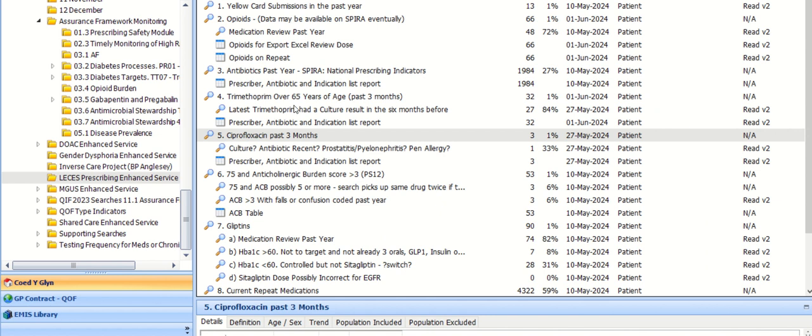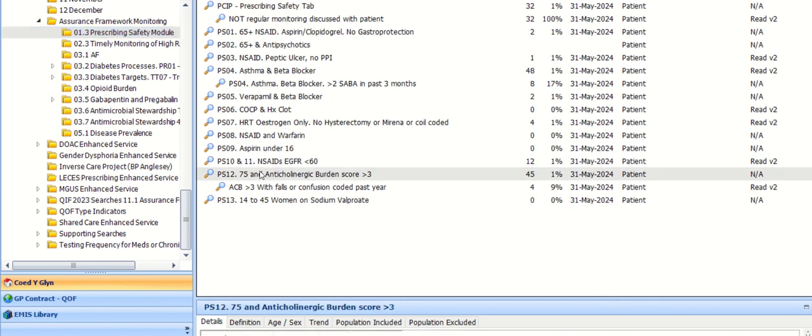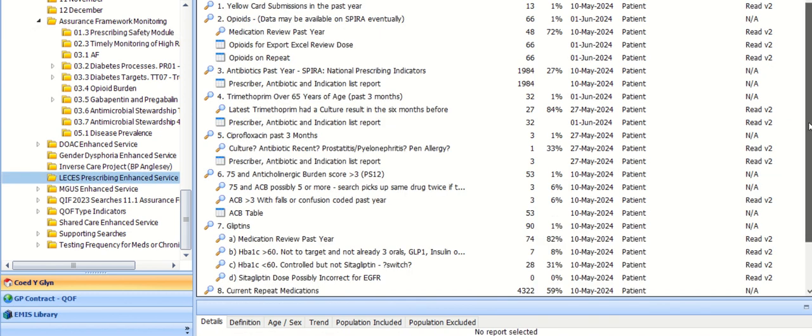I think at this point it's worth pointing out that anticholinergic burden will fall under 2 other things this year: the assurance framework prescribing safety modules, PS12 assurance framework. And from what the LMC circular told us, the quality improvement project will also be looking at prescribing safety. So in some ways I would encourage looking at anticholinergic burden.